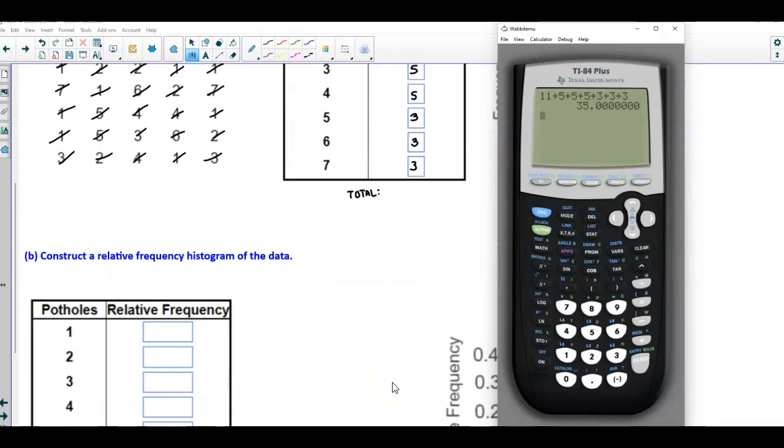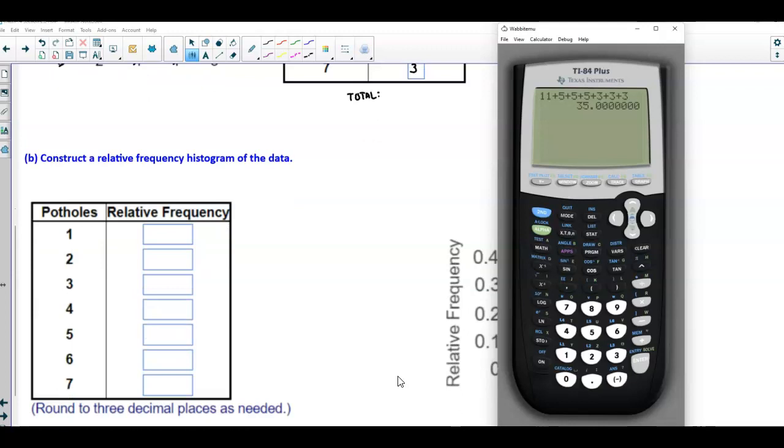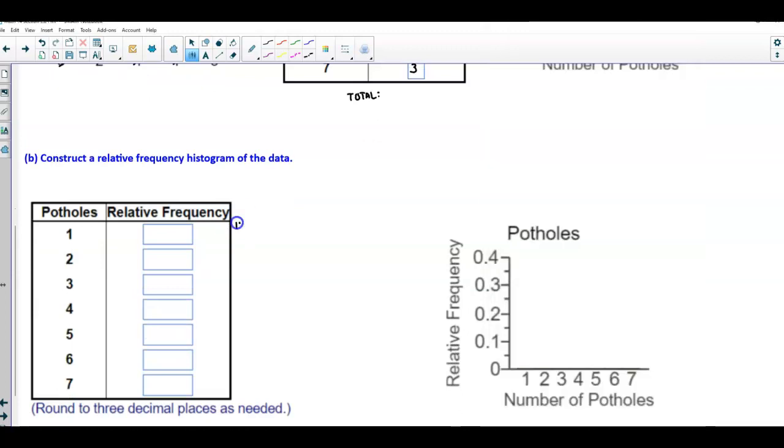Recall that we're going to take each value and divide it by 35 for the relative frequency histogram. So I'm going to take 11 divided by 35.